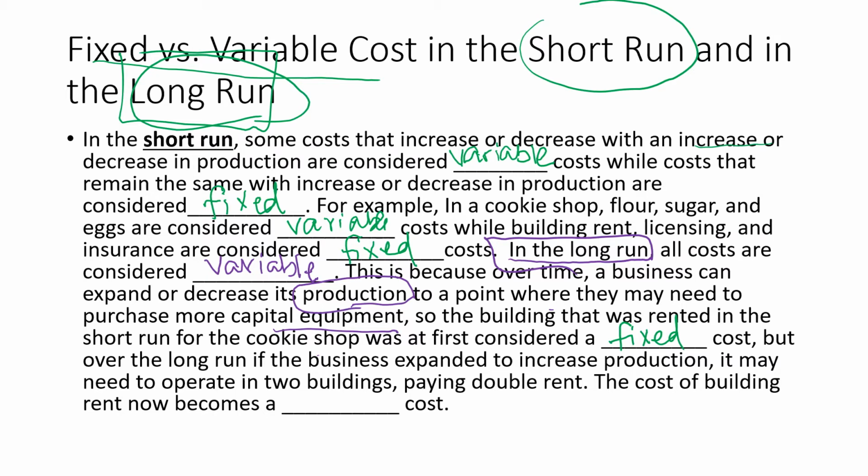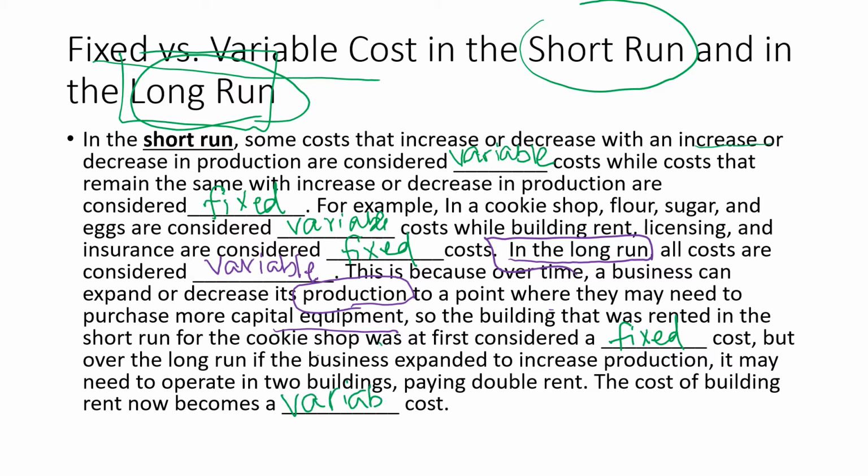But if we start to create so many cookies that we need to have additional kitchen space, we need to have additional electric mixers, we need to have multiple people with food safety sanitation licenses, we need to hold a higher level of insurance, all of these things that were once fixed costs now become variable costs.